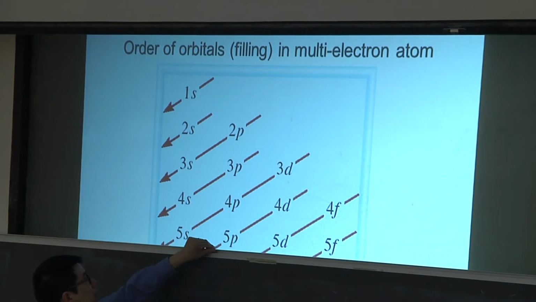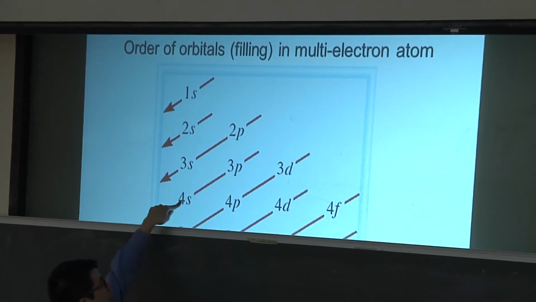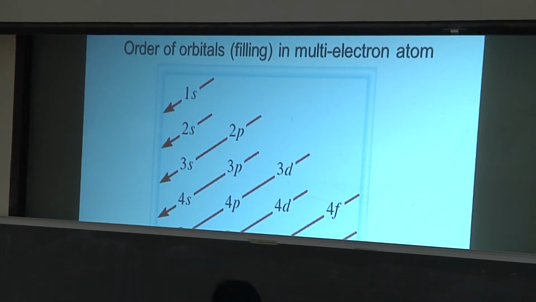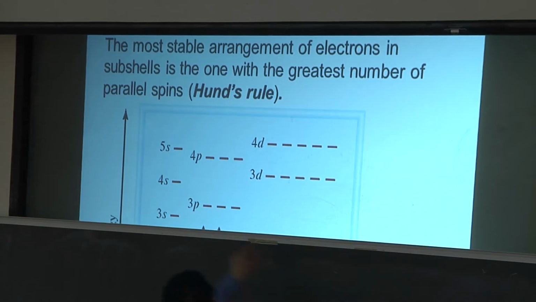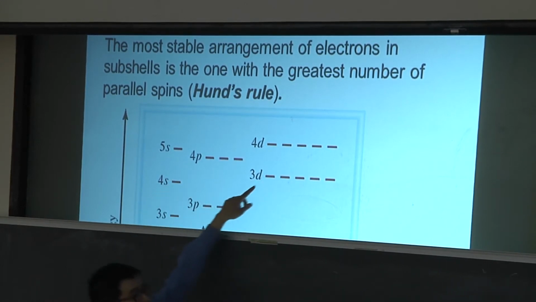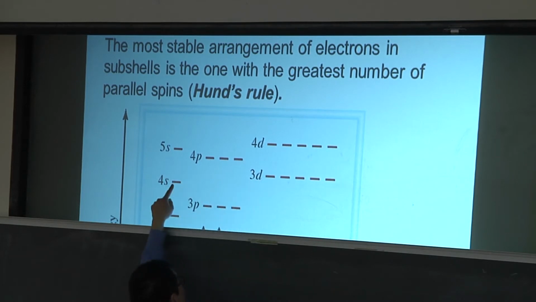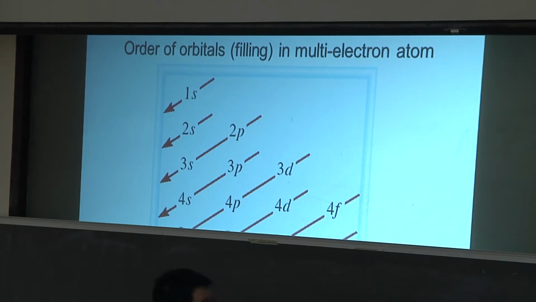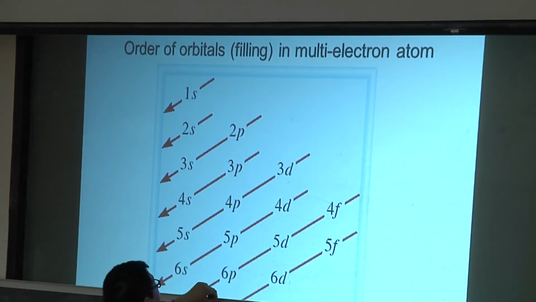And then the 4s is actually slightly lower in energy than the 3d, just based on what we observe. So the 4s fills next, and then the 3d. Right, 4s, 3d, 4p, and then the same thing. 5s is lower than the 4d, and then the 5p, and then the 6s.